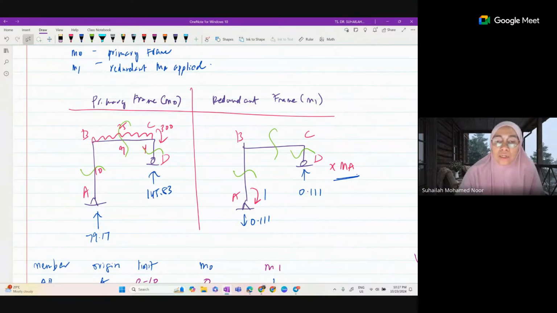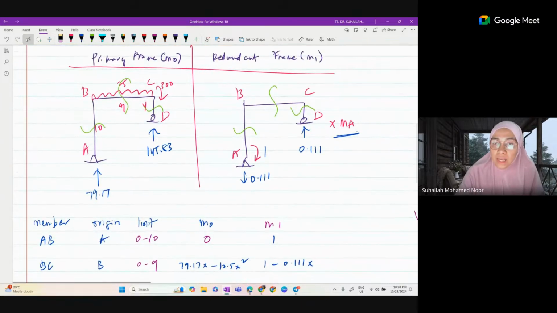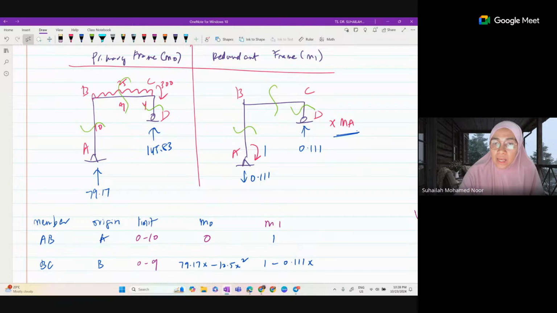The structure, you must put the reaction inside. Whether you want to show how you calculate the reaction or not, I don't care, because most important is the diagram and the reaction inside.